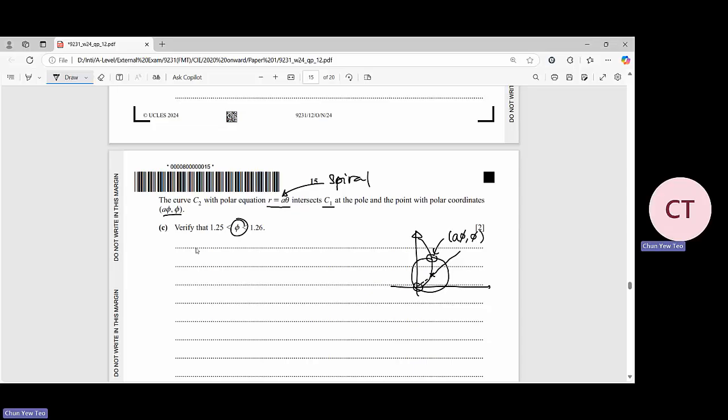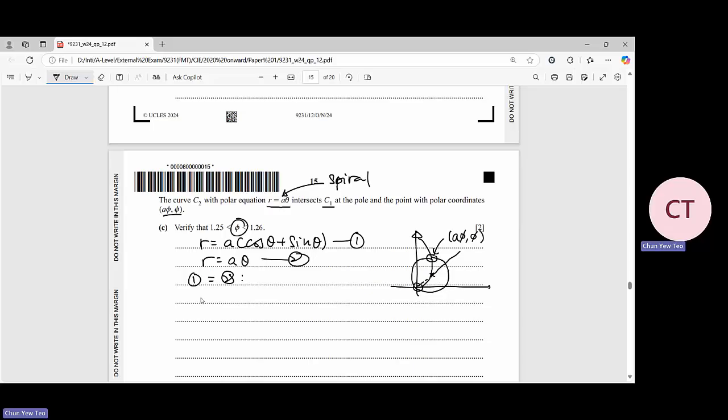So what you need to do now is, of course, our C1 is r equal to a(cos theta plus sin theta), equation number 1. r equal to a theta, that is equation number 2. Let them be equal.